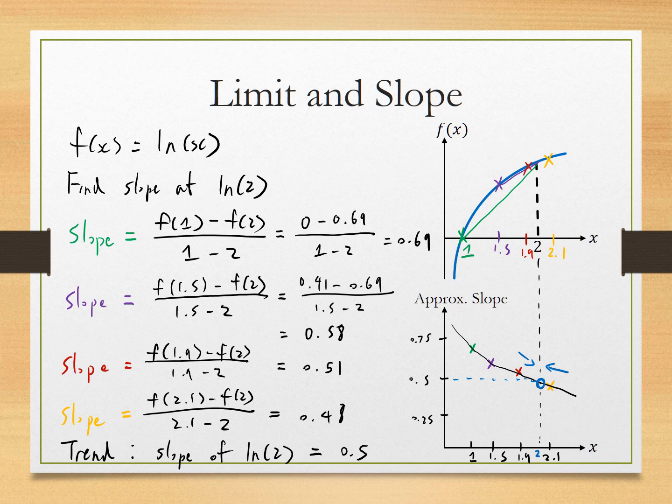A computer can do these kinds of approximations very well because the math is very simple. It's just the two-point formula: 2 subtractions, 1 division. Very easy for computers. A computer can do thousands of these in a split second, so it can give you a very accurate approximation with this method. In modern computing, this is used very, very often.